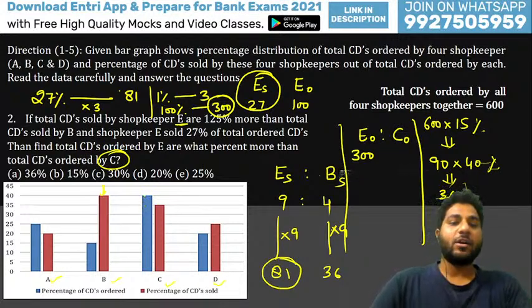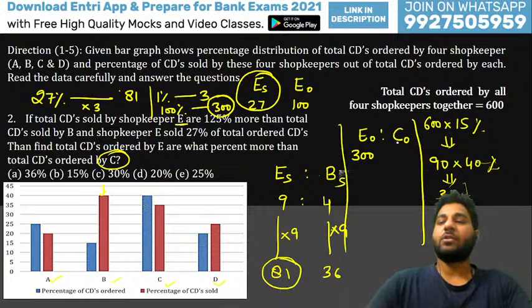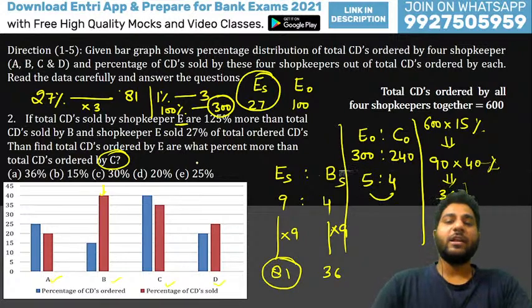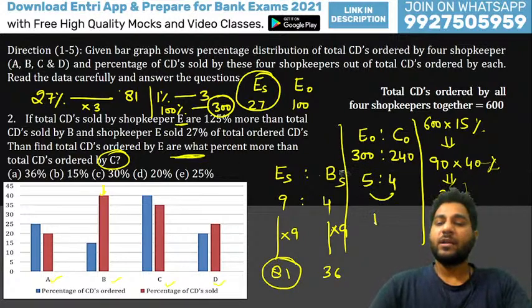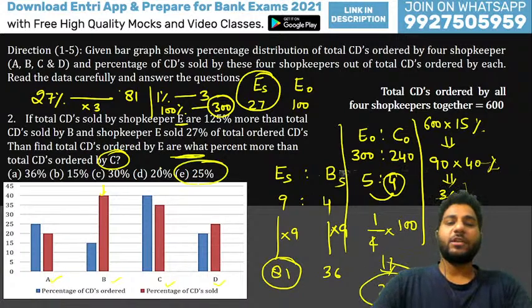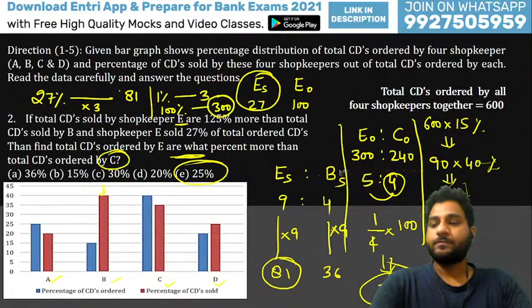C had ordered 40% out of 600. So 40% of 600 would be 240. That means 5 ratio 4. So clearly E was 1 ratio more compared to 4 ratio. And if you take out the percentage, you'll have to multiply it with 100. So 25%. So option E is the correct one.